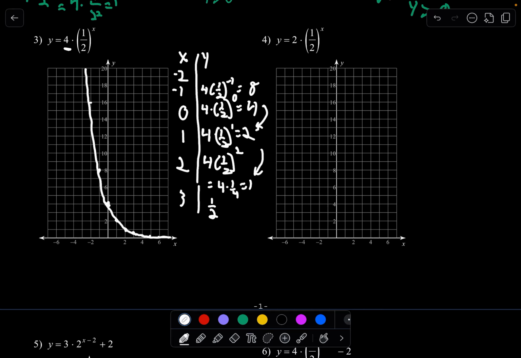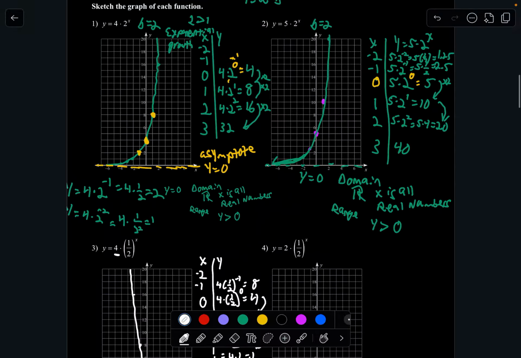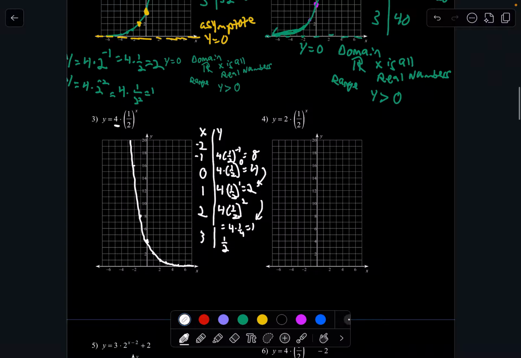Okay. And notice it looks very similar to the other 1 and 2, but whereas 1 and 2 blew up to the right, 3 and 4 are going to go down to the right. These are exponential decay, because as x gets bigger, moving to the right, the output gets closer and closer to 0.